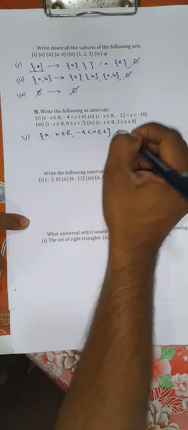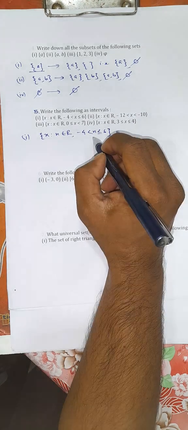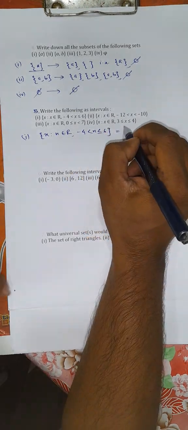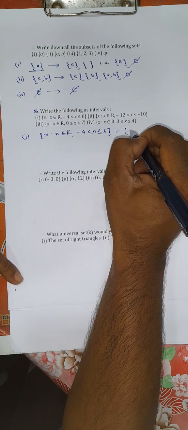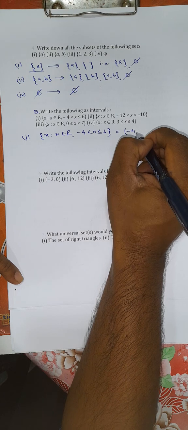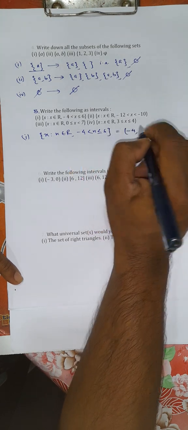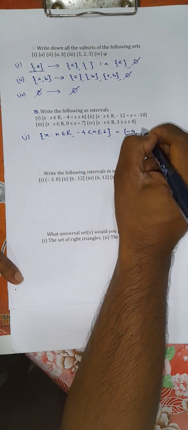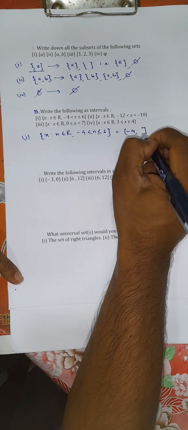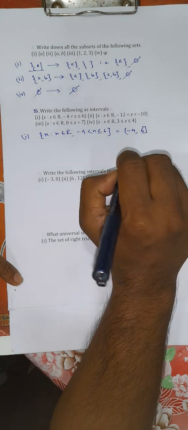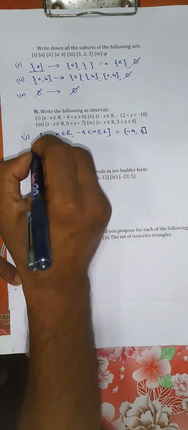So how will you write in terms of interval? Here x is greater than minus 4, so you will write here open interval minus 4. And x is less than or equal to 6, so this time you should include 6 and those numbers less than 6. So this is closed interval, right?